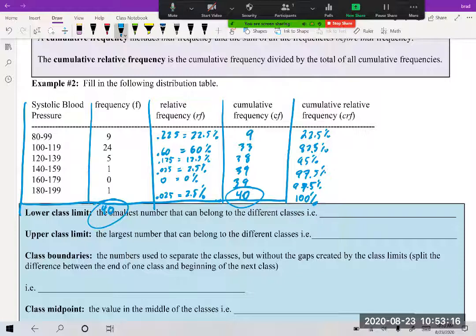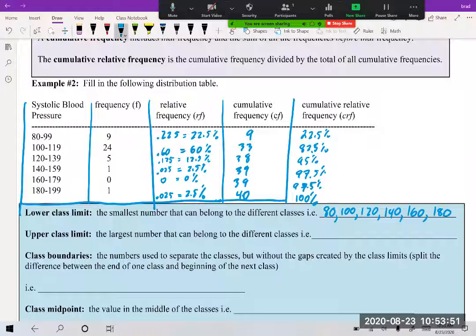Okay. So something else we talk about is lower class limits and upper class limits. The lower class limit is the smallest number that can belong to the different classes. So in this case, our lower class limits are 80, 100, 120, 140, 160, and 180, right? So let's write those: 80, 100, 120, 140, 160, 180.